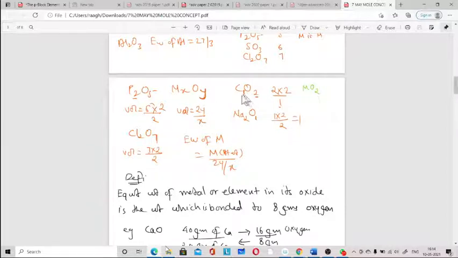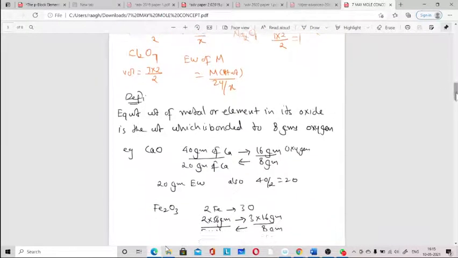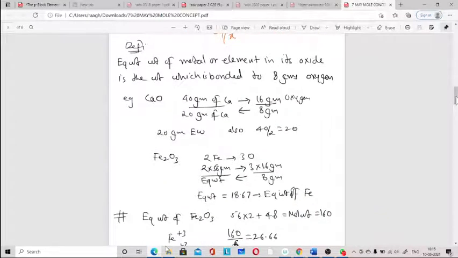Carbon dioxide, CO2, is 2 into 2 divided by 2. Sodium oxide is 1 into 2 divided by 2. So the equivalent weight of M is the atomic weight of M divided by the valency, which is 2y by x. We did some questions there.